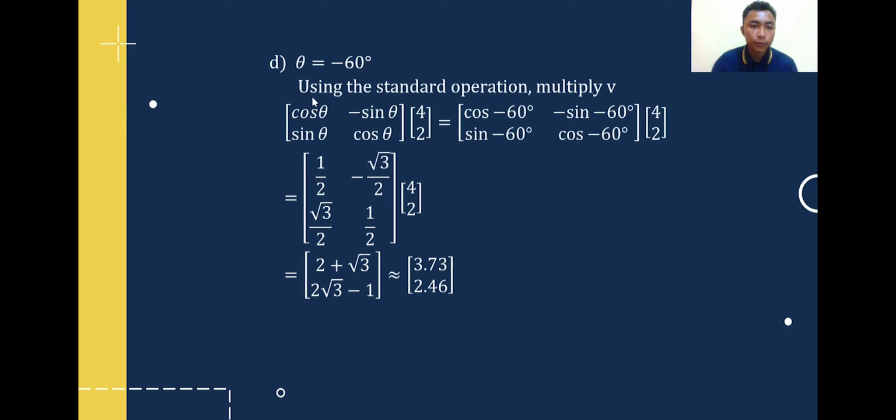And for the number D, if the theta is minus 16, the result will be like this. We use the same formula, but sorry, I think this has a wrong result because the nilai derajatnya minus.